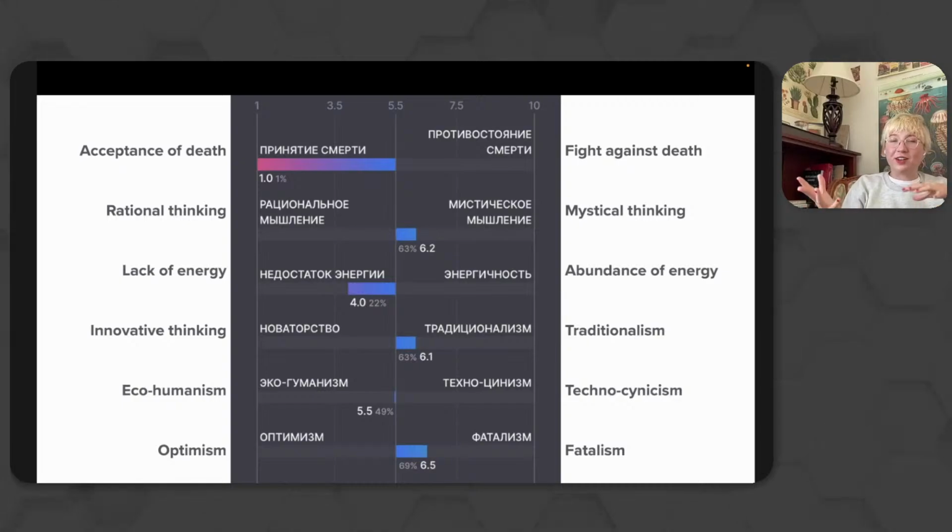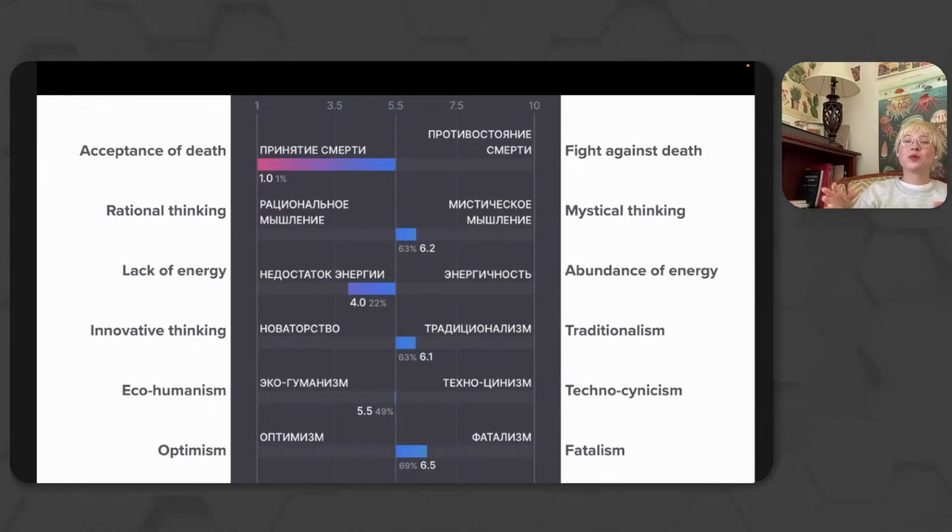And we can see, for instance, that people who tend to fight aging are quite energetic, or not. Some of them are more innovative-thinking, some are more traditional-thinking. We've seen an interesting measurement system, which is an eco-humanism kind of group, and on the other pole there are techno-cynicists. And we can see that transhumanists tend to differ between these two groups of people.